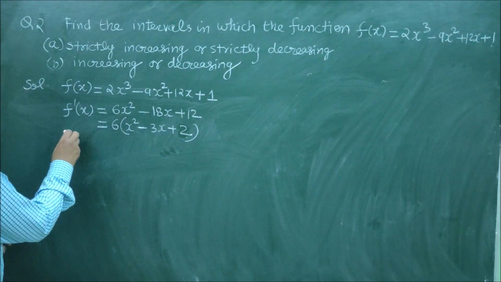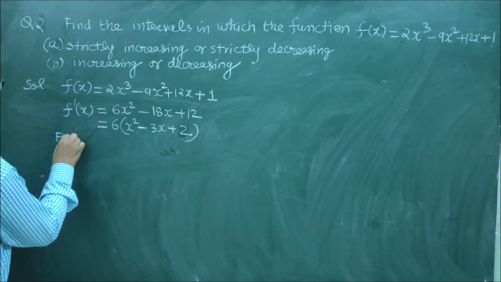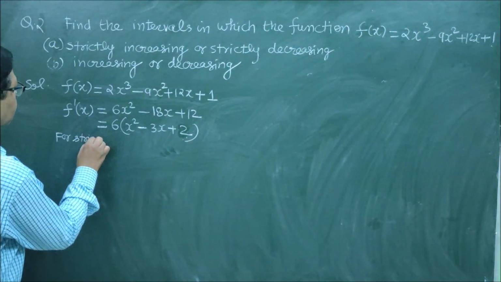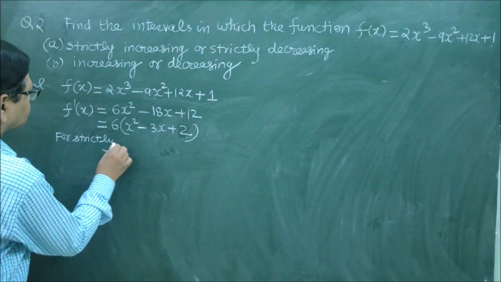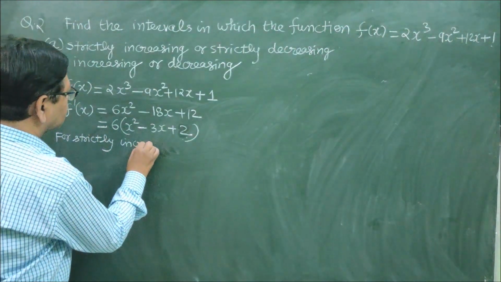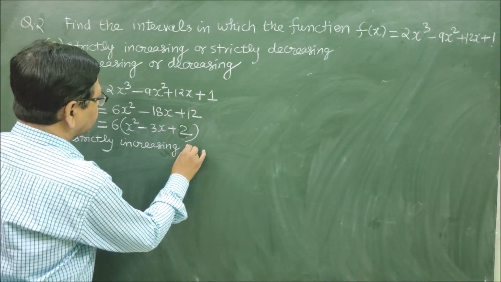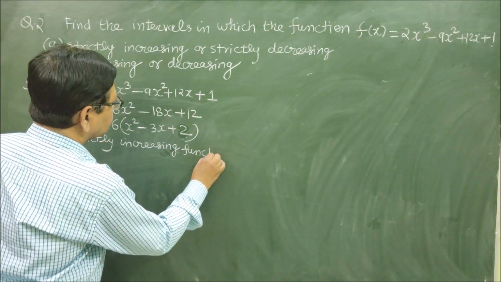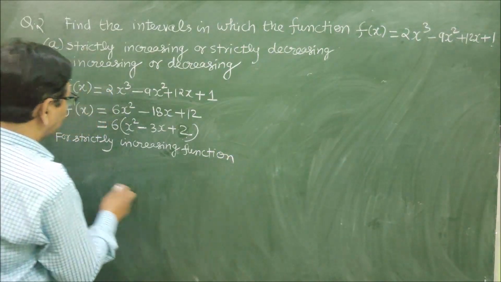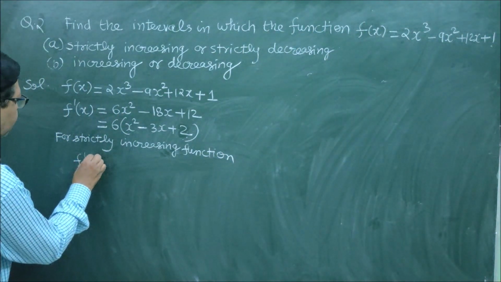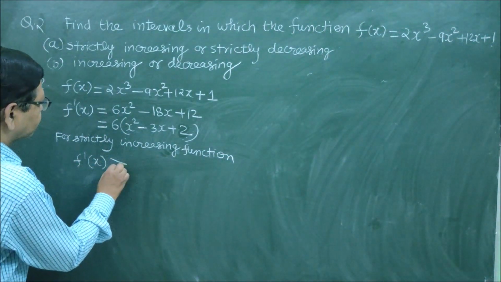For a strictly increasing function, f dash x should be greater than 0.